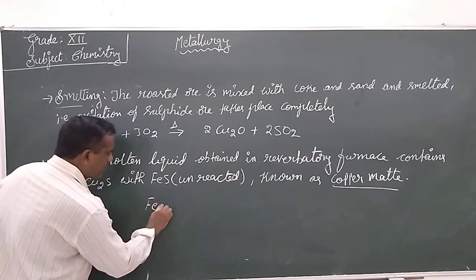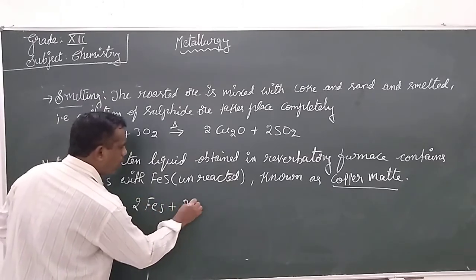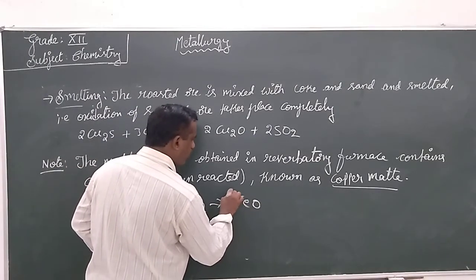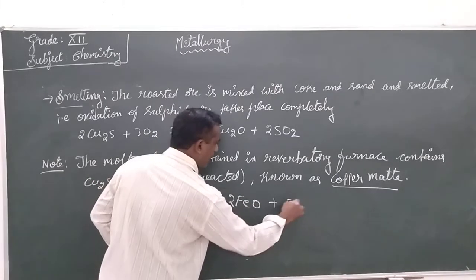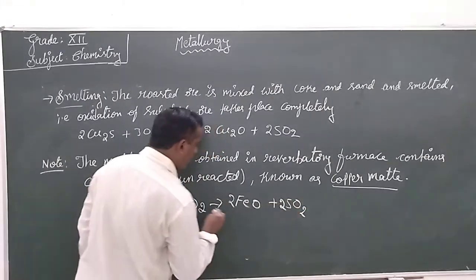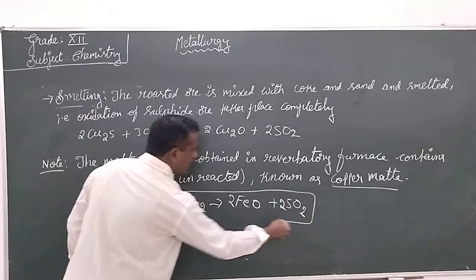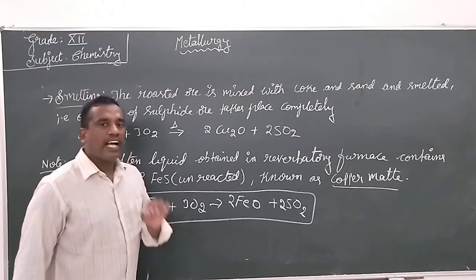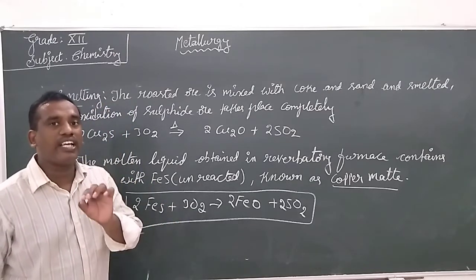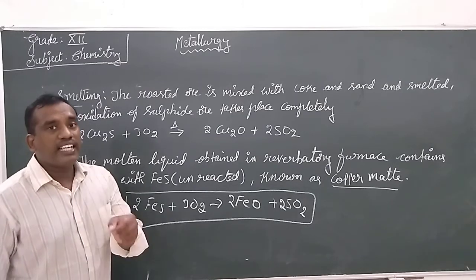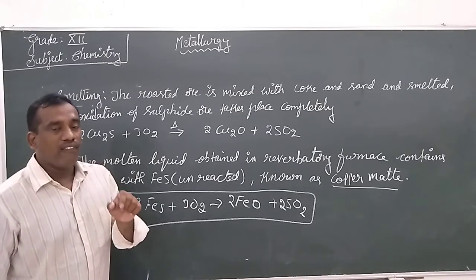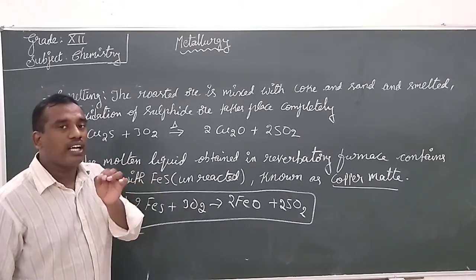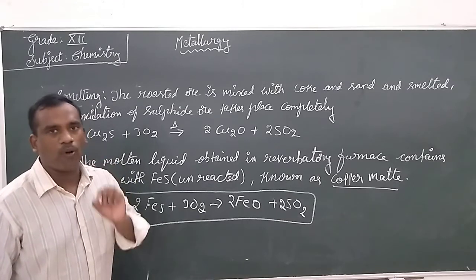The FeS also will undergo oxidation. It will also form FeO and SO2. It will further undergo oxidation to form FeO, iron oxide. But some unreacted FeS will be left behind. That FeS will be mixed with Cu2S that is left behind, unreacted, in a little amount.